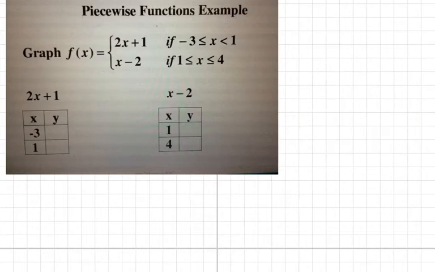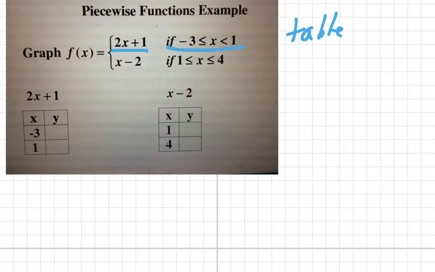This says graph f of x equals 2x plus 1 for this domain, if x is between negative 3 and 1. So I can make a table, and that one's already made for us right here.